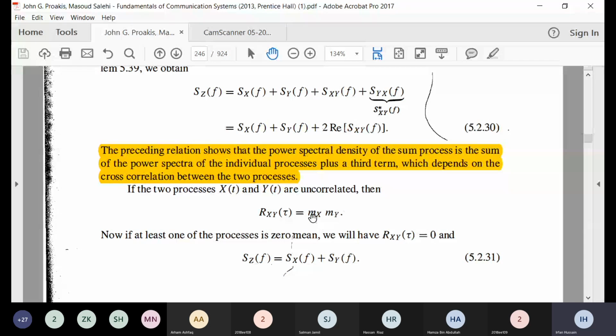As the processes are of zero mean, for example noise is zero mean, R_XY is 0, and if the correlation is 0, then its Fourier transform will definitely be 0, so the PSD of that cross term will also be 0. Hence the power spectral density of the sum process, when the two processes are uncorrelated with one another, comes out to be the sum of their two power spectral densities. Just the sum of their two power spectral densities.